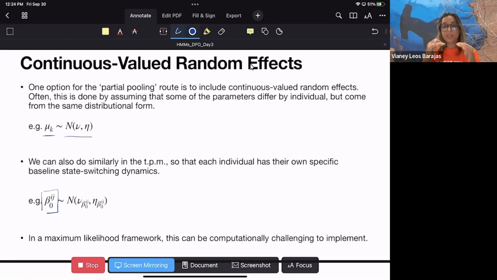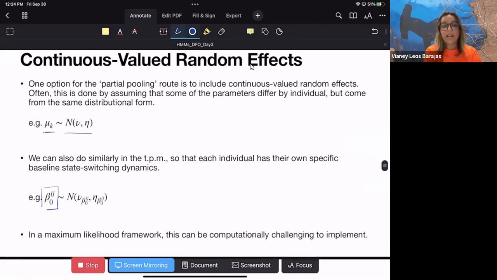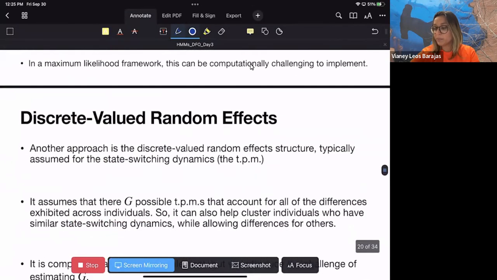We generally just want to adjust baseline state switching dynamics across individuals. However, in a maximum likelihood framework, this can be computationally challenging to implement. And in Momentum, they do implement continuous valued random effects, but I believe they do so via a two-stage approach. So it's possible.